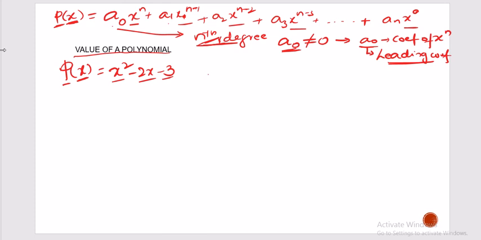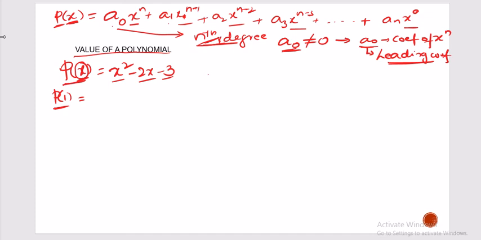Now suppose I am asked to find the value of p of 1. What is meant by p of 1? It is the value of the polynomial at x is equal to 1. So whatever variable value we give, based on that we see how the polynomial behaves.